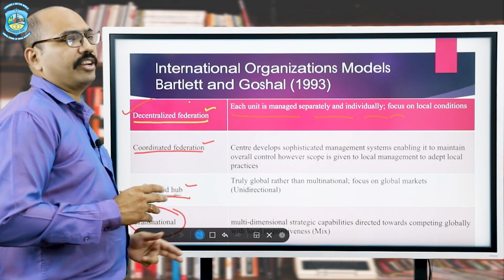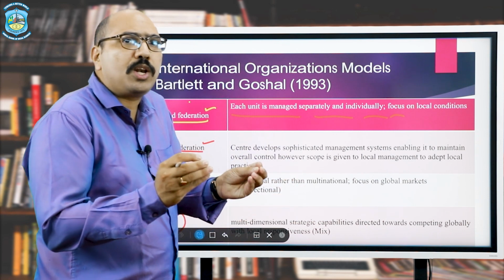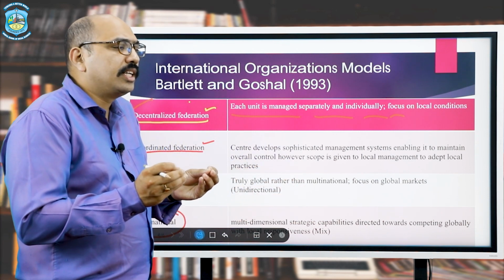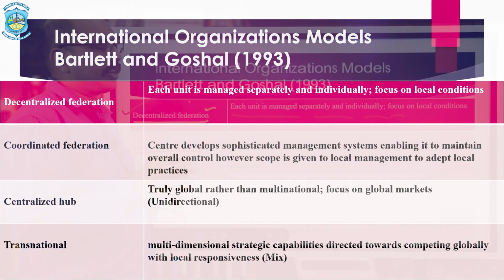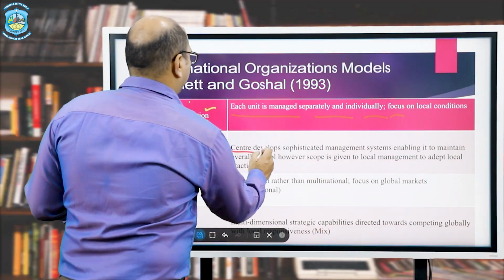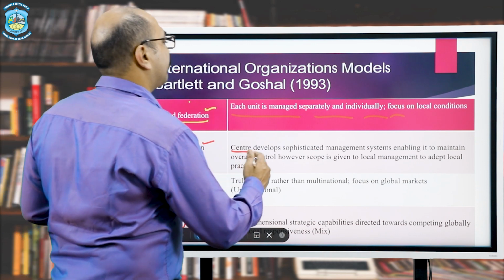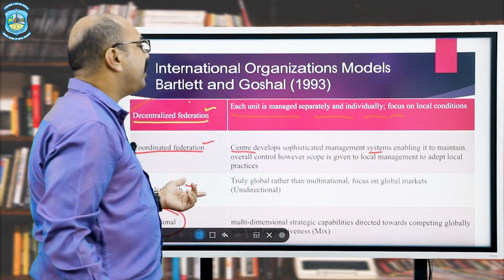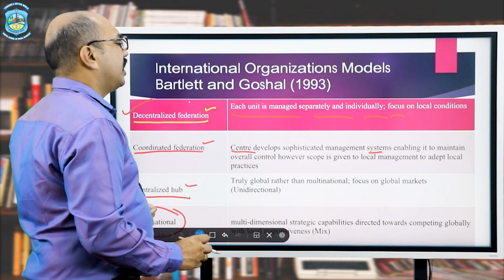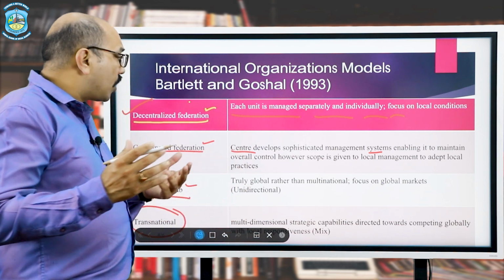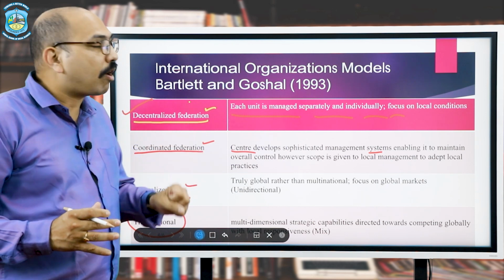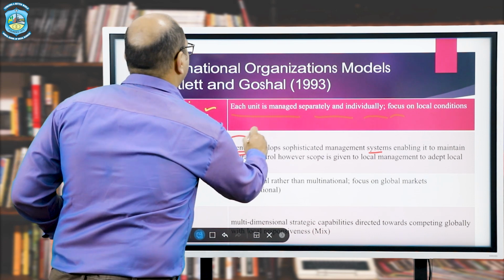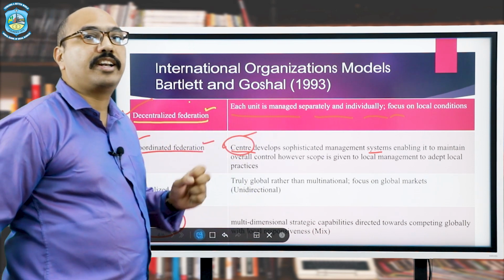Second is coordinated federation, wherein these separate units are well coordinated and well organized, and they work in synchrony with the headquarters. The headquarters develops sophisticated management systems enabling these separate units to adapt to the local conditions, of course, but at the same time they are very much in touch and in control of the center.